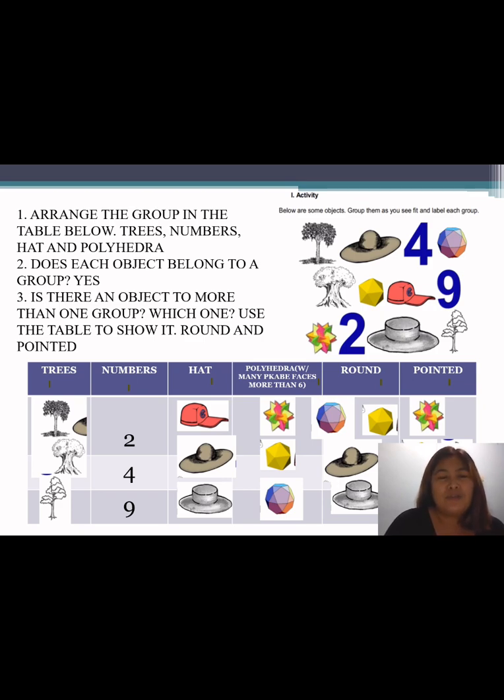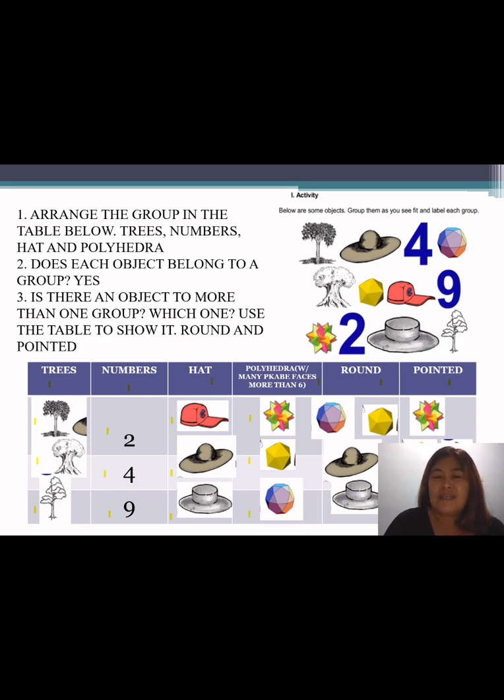Under trees, we have 1, 2, and 3. In numbers, we have 1, 2, and 3. In hat, we have 1, 2, and 3. In polyhedra, with many faces more than 6, 1, 2, 3.